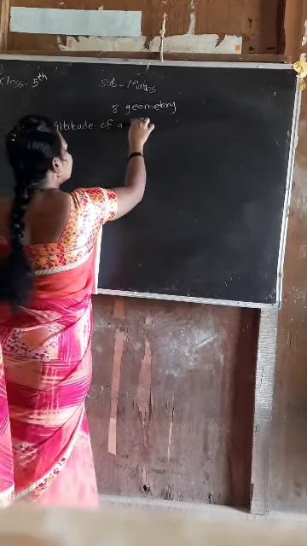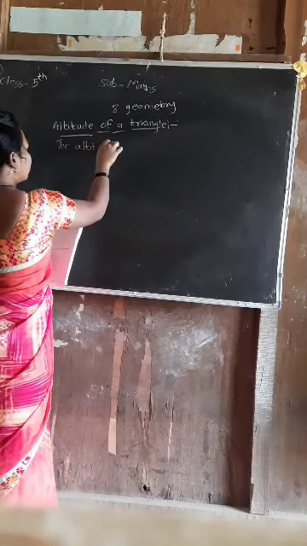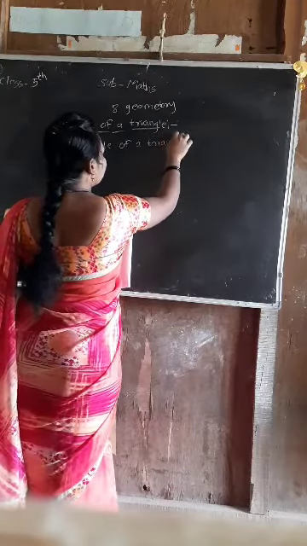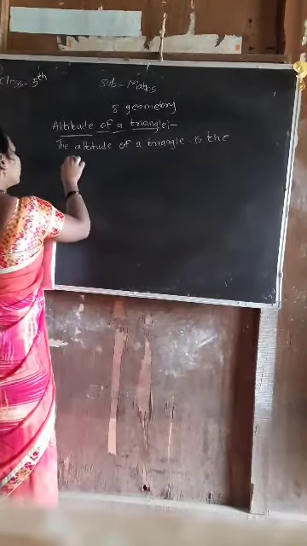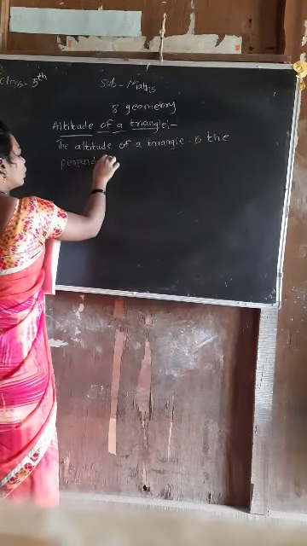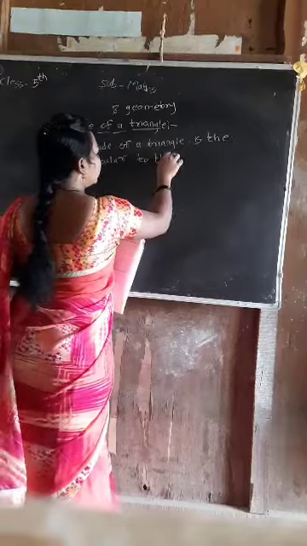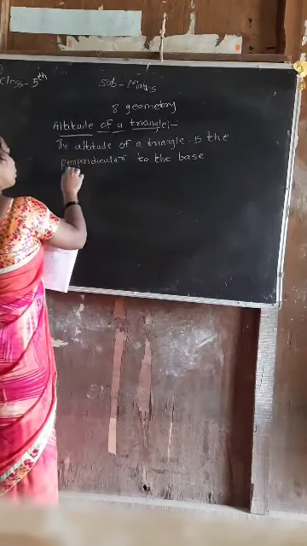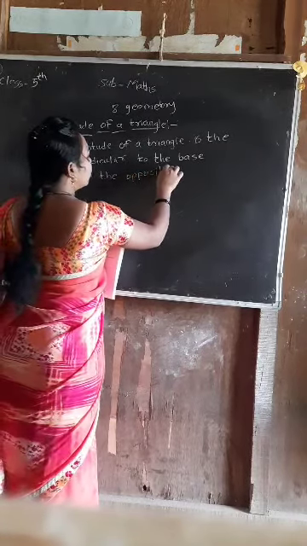The altitude of a triangle is the perpendicular to the base from the opposite vertex.